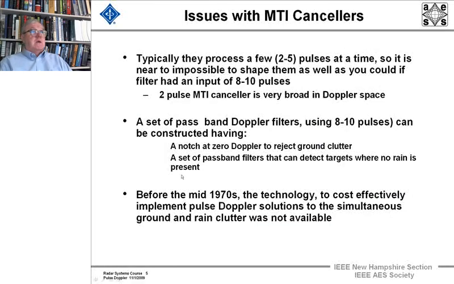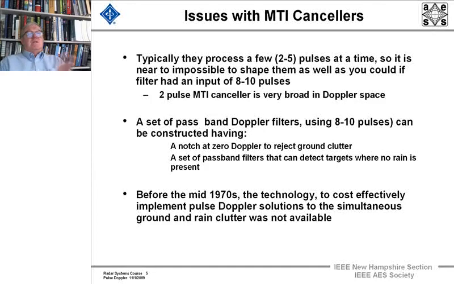Move on. Now the issues with the MTI cancellers. Typically they process, as you remember, 2 to 5 pulses at a time, so it's nearly impossible to shape them as you would if the filter had an input of 10 pulses or greater. You can make a set of filters which look very, very square if you had 1,000 pulses to do the processing.